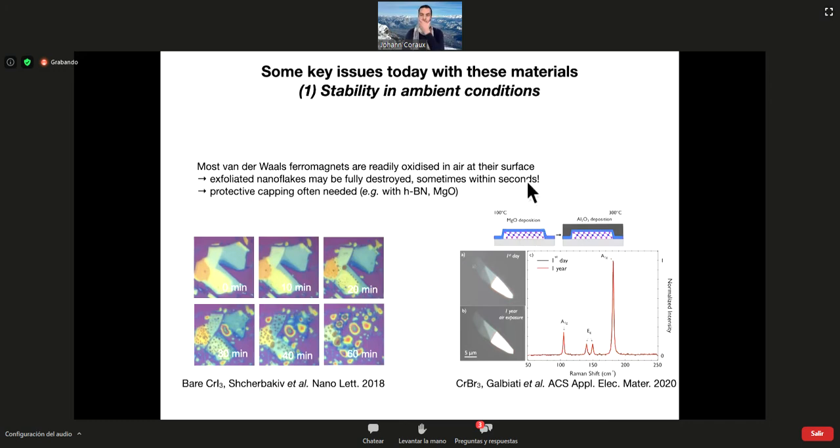Sorry. So this means that you need protective capping, but also often when you work with exfoliated materials, you need to work in glove box environments, okay, where you have very few water traces or oxygen traces.